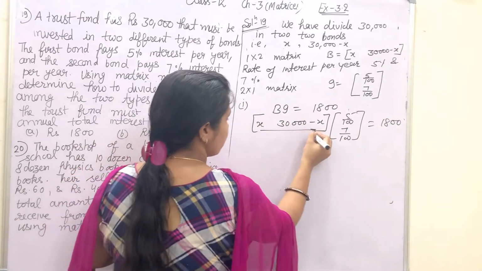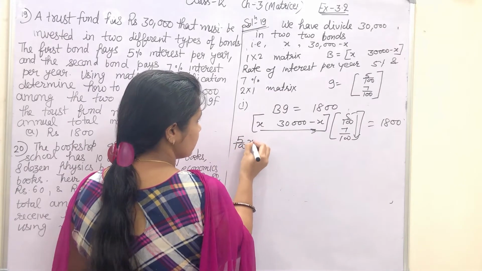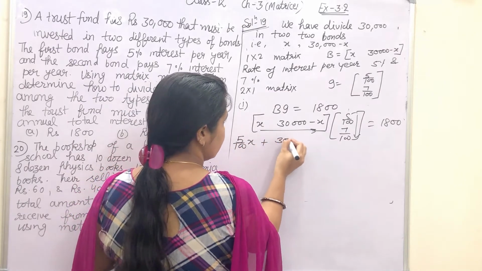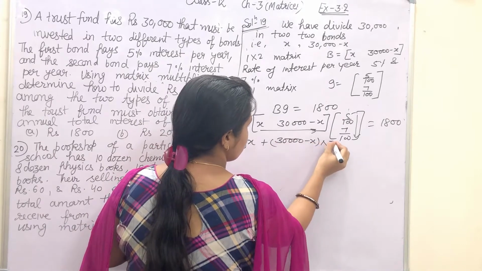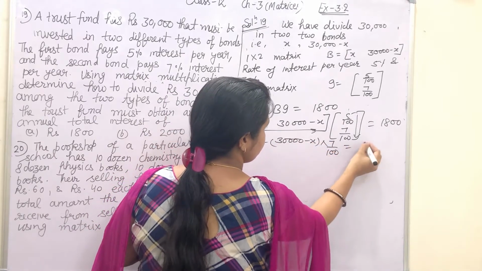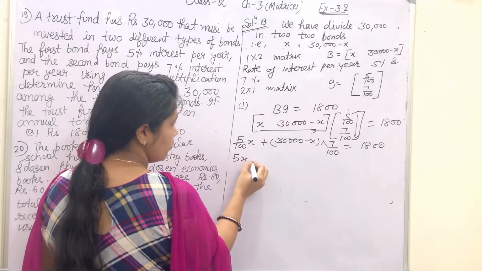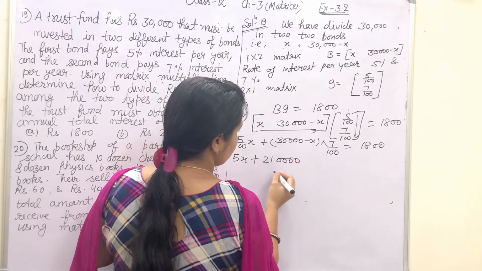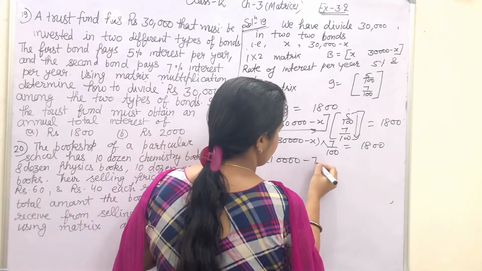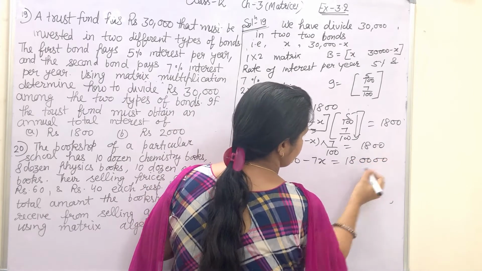After solving first row first column, we get 5 by 100 x plus (30,000 minus x) into 7 by 100. By taking LCM, we get 5x plus this one minus 7x is equal to this one.